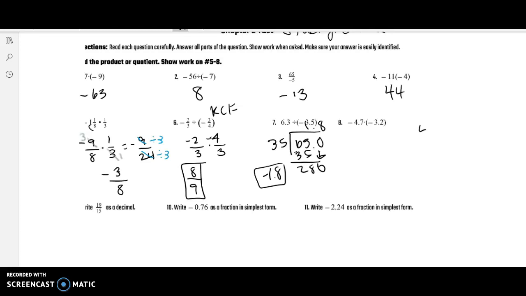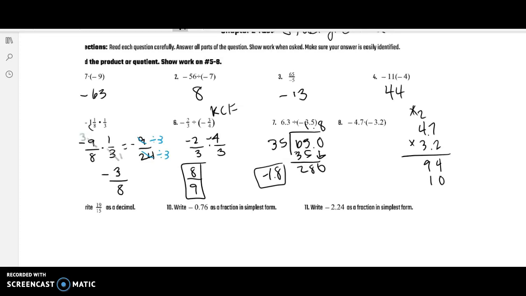When we multiply, again, you won't have a calculator on the test, so make sure that you know how to multiply. So 2 times 7 is 14, carry the 1. 2 times 4 is 8, plus 1 is 9. Bring a 0. And then 7 times 3 is 21.